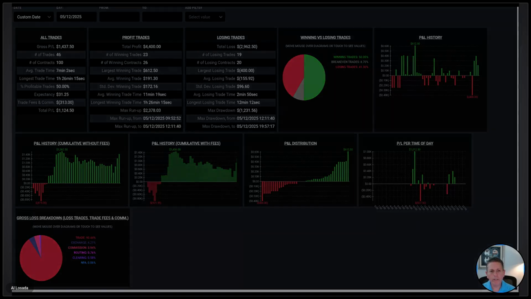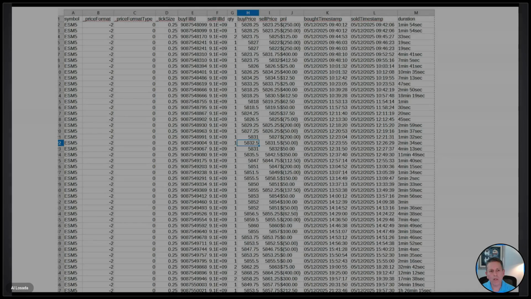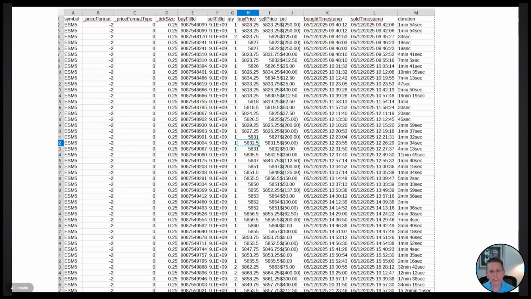Let me see here, Tradovate gives you all of the trades that you make during the day, and you can see where all those trades are. Typically this is from the morning, 9:42, and I put in a few trades here and made some money, lost some money, and then towards the end of the day I made some money as well.